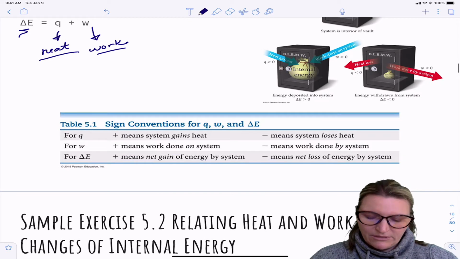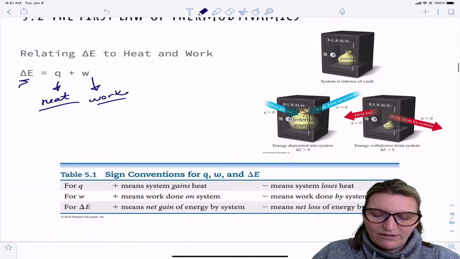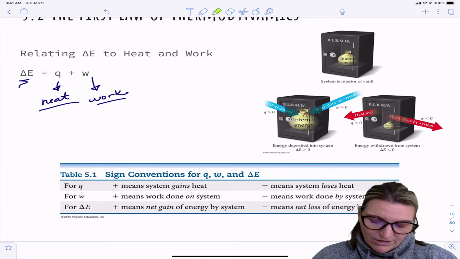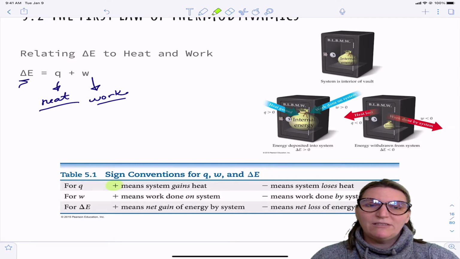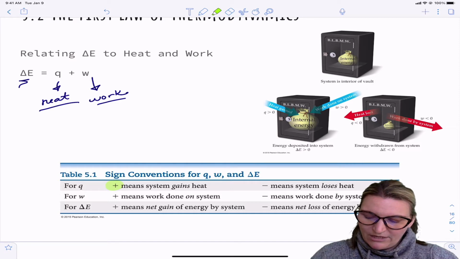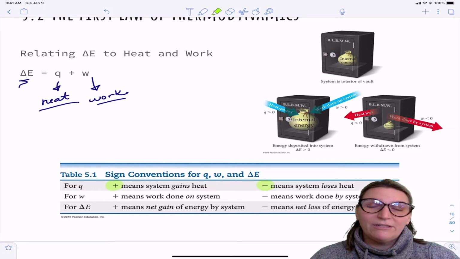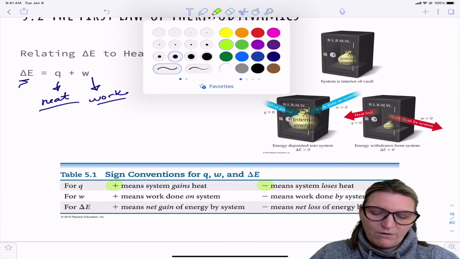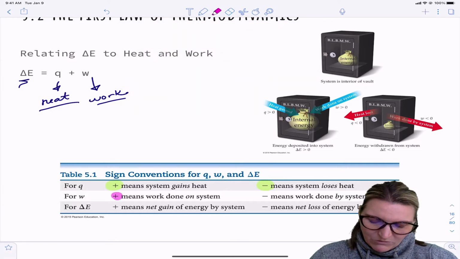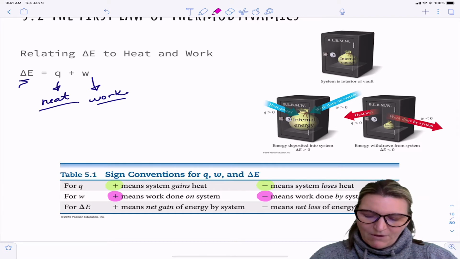And this table down here, table 5.1, just goes through some of the terminology that we use. A positive Q means that the system gains heat, and a negative Q means the system loses heat. Pretty straightforward. It's sometimes trickier when we start talking about work.